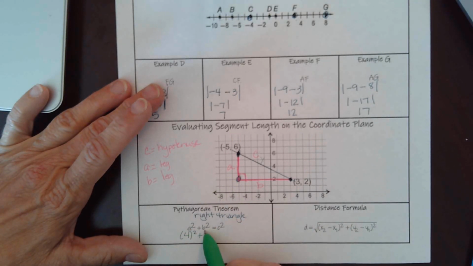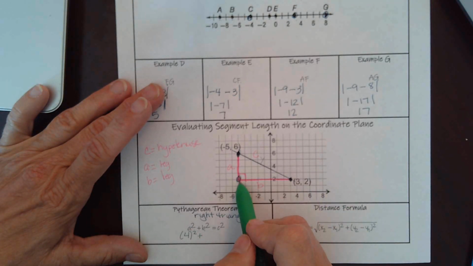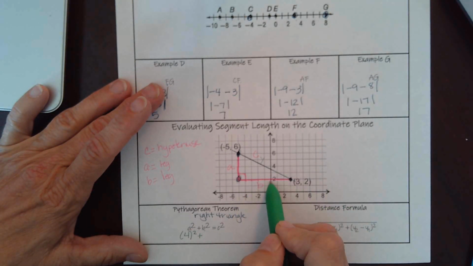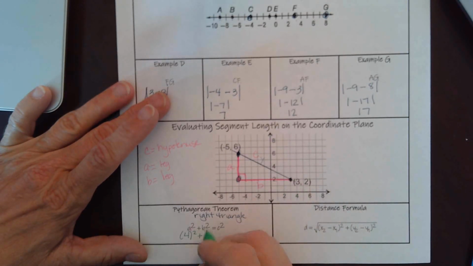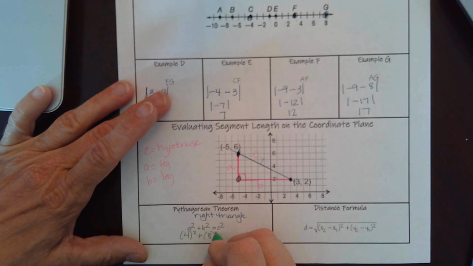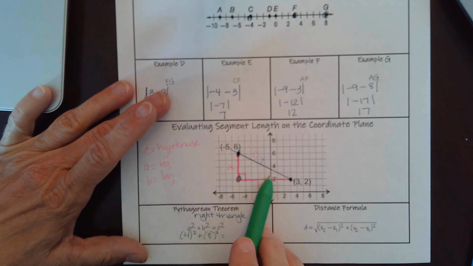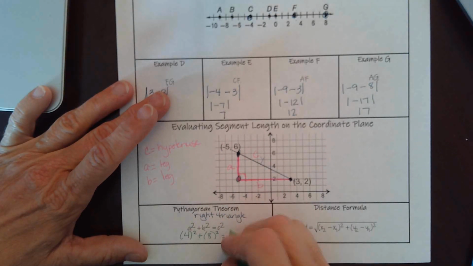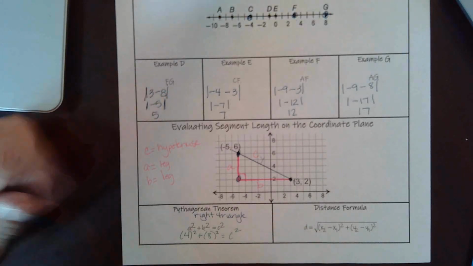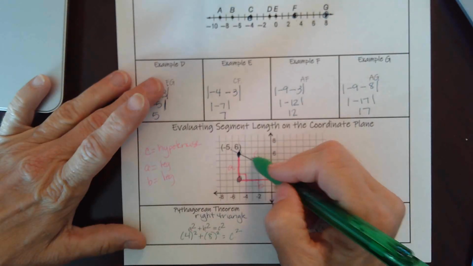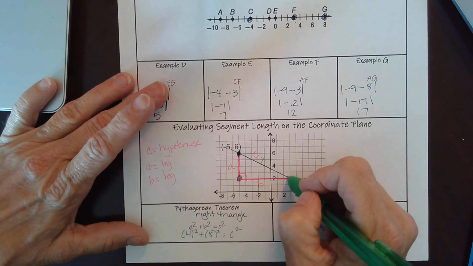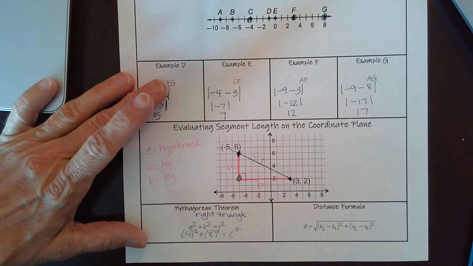Now what's the length of B? We can count here. 1, 2, 3, 4, 5, 6, 7, 8. So B is 8, and I will square it, and that will equal this side right here, the hypotenuse, which is what we are trying to determine. The hypotenuse is always the side opposite the right angle.